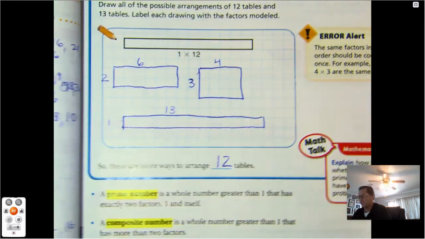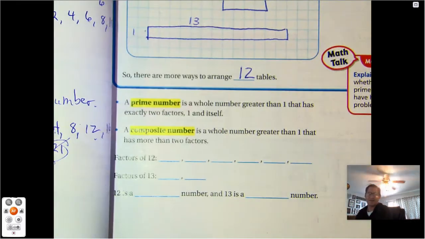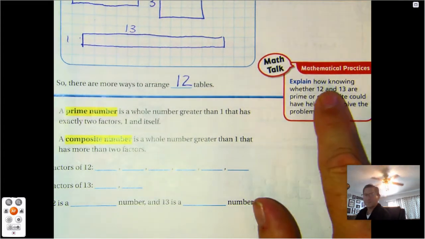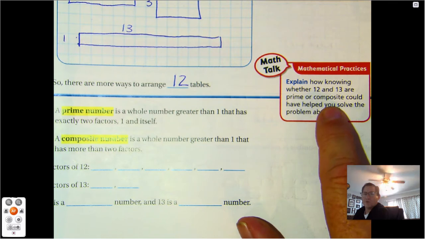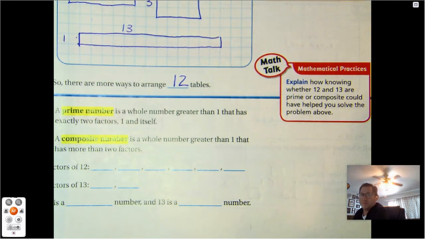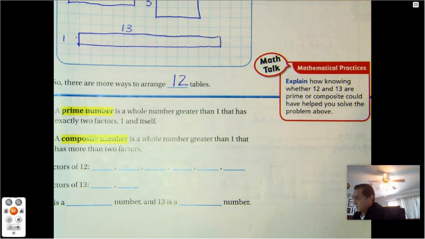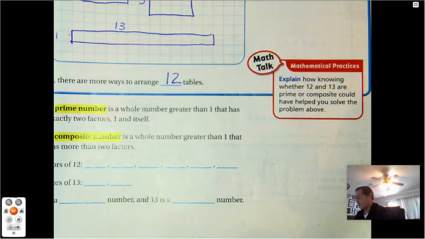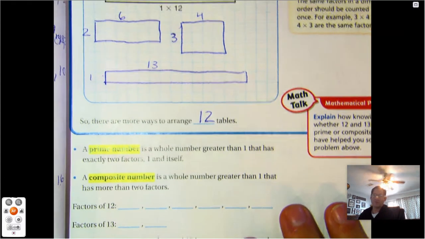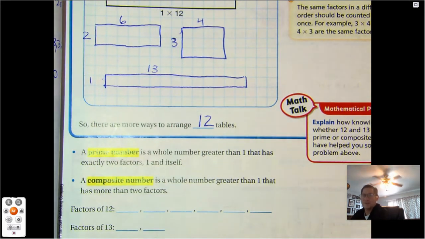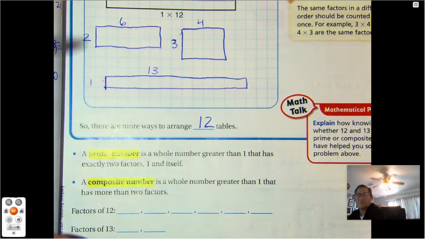And so this introduces us to the idea of prime and composite, because it says, how knowing 12 or 13 are prime or composite could have helped you solve the problem above. Because knowing that 13 is prime, we would have known there was only one way to arrange that, because there was only 2 factors. Knowing that 12 had more than 2 factors and that it was composite would help us know that it was going to have multiple ways of arranging the tables.